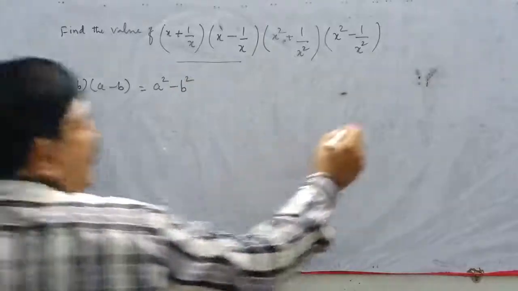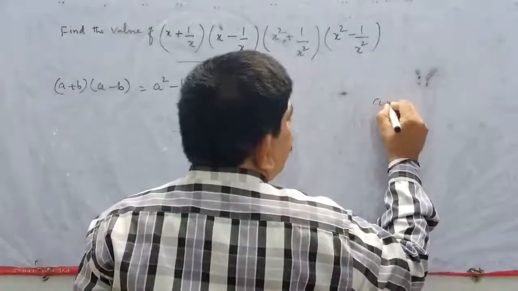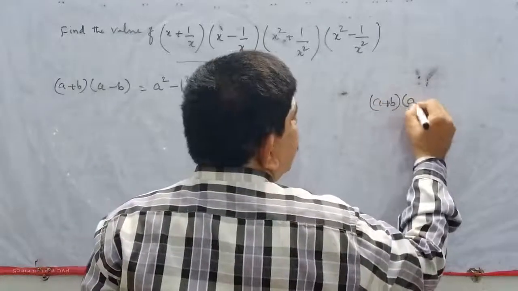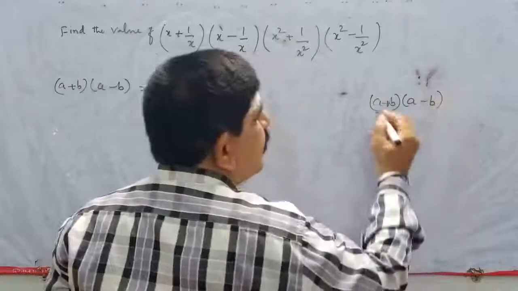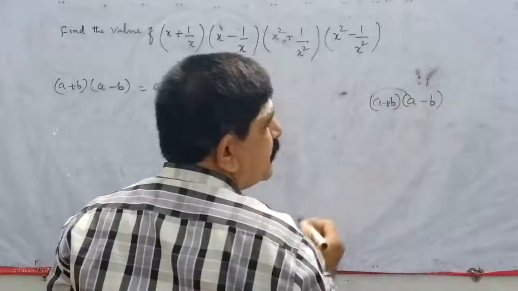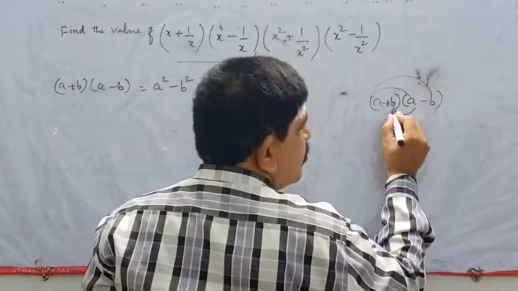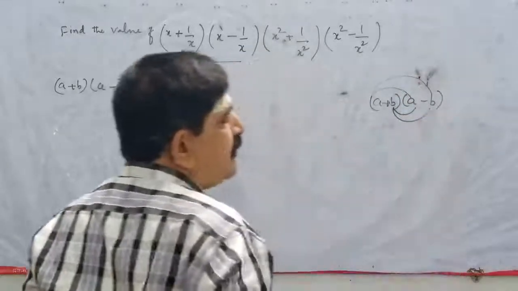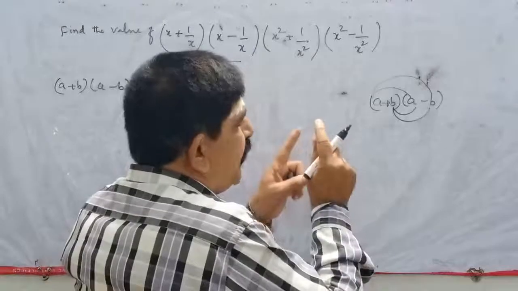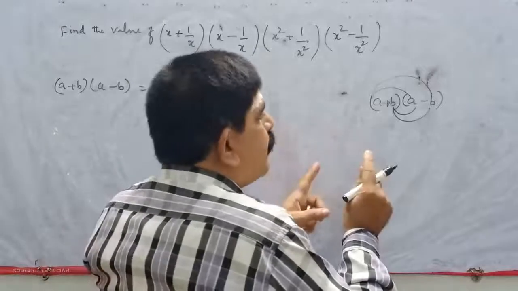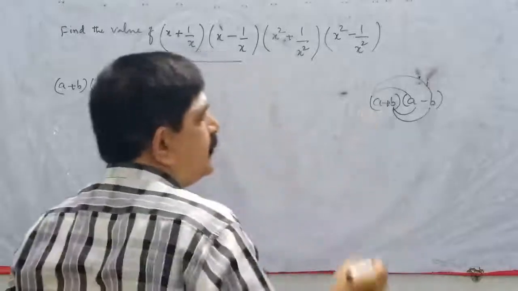See here, suppose (a plus b) into (a minus b). In general multiplication, first term to first term, first term to second term, second term to first term, second term to second term. Whenever we are multiplying, we have to find the product of the symbols also.